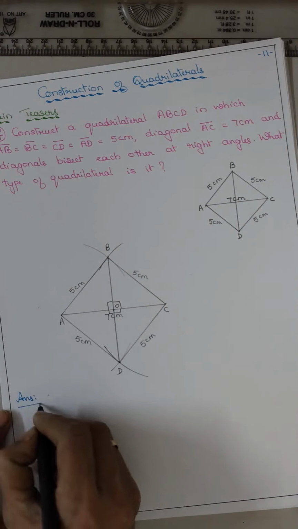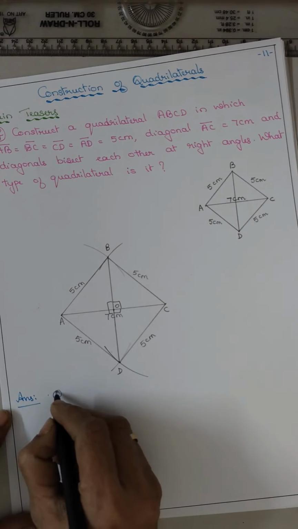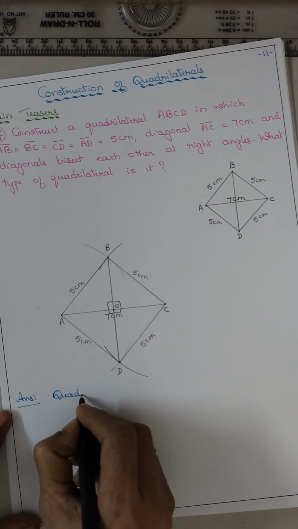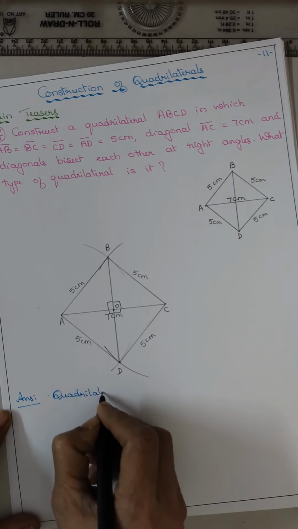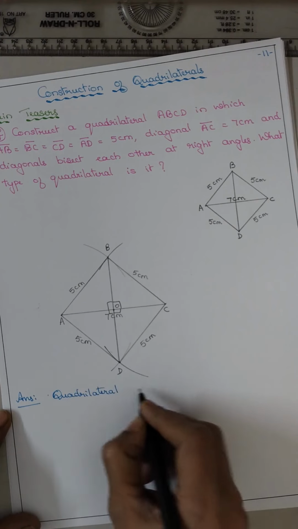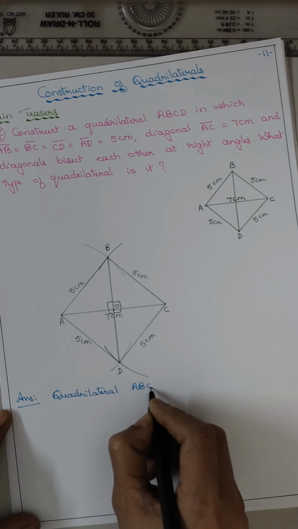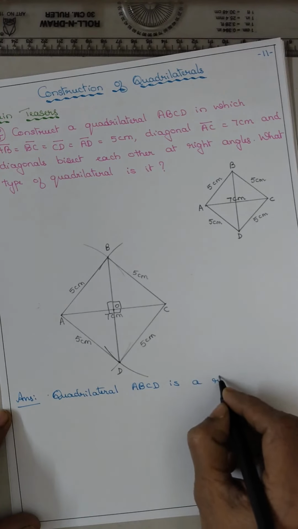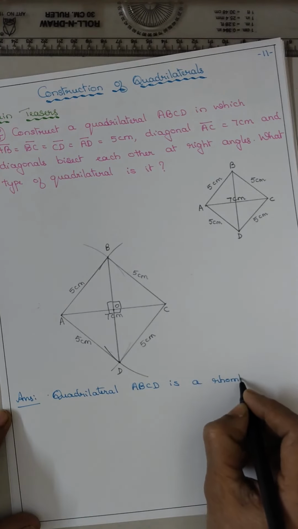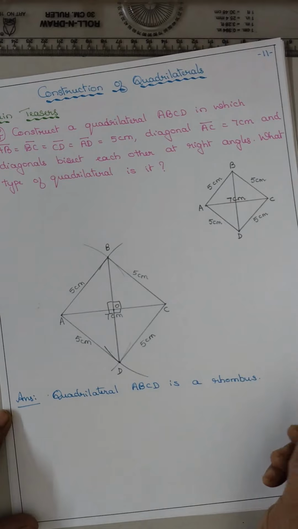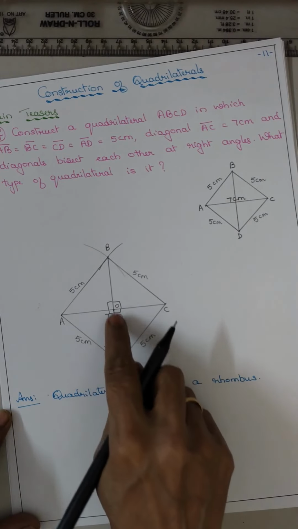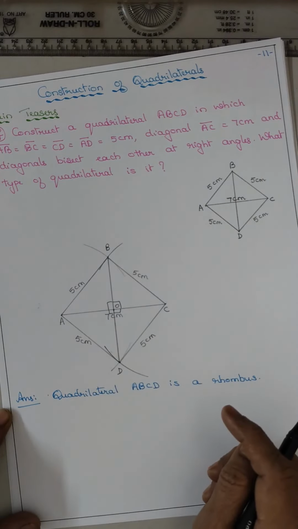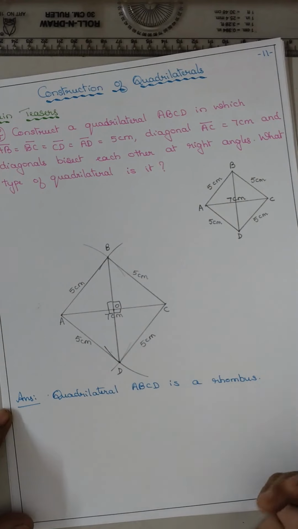Answer: the quadrilateral ABCD is a rhombus. Why? All sides are equal and the angles bisect each other at right angles.